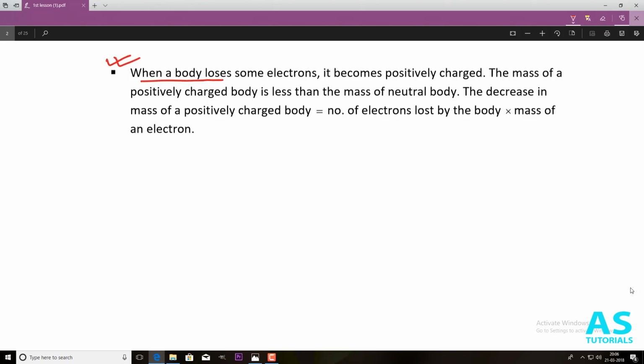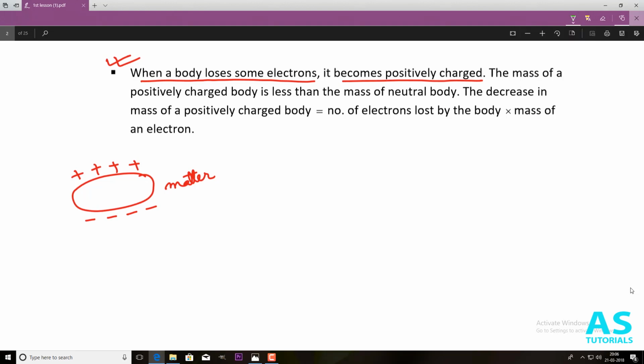When a body loses some electrons, it becomes positively charged. We'll try to explain this. Let this be the matter, and the matter is electrically neutral. It is because the number of positive and negative charges are exactly equal.